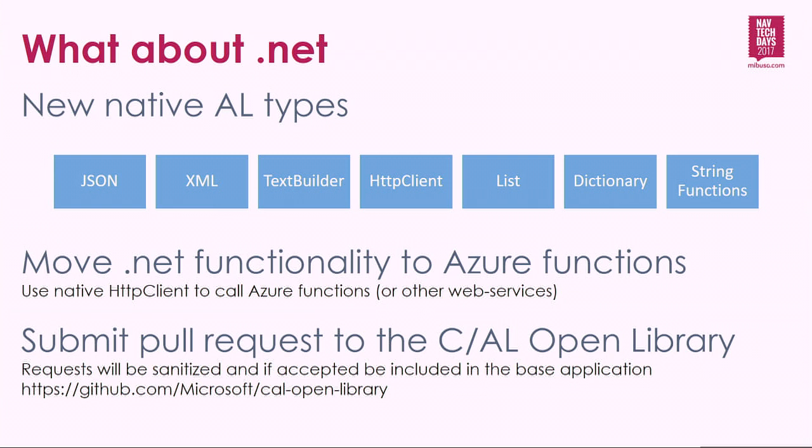The last option for now is that you can submit a pull request to the OpenCL library on GitHub. As long as we can provide the functionality you need in a safe form, we will try to build that into the base app and allow you to call it through a base API.